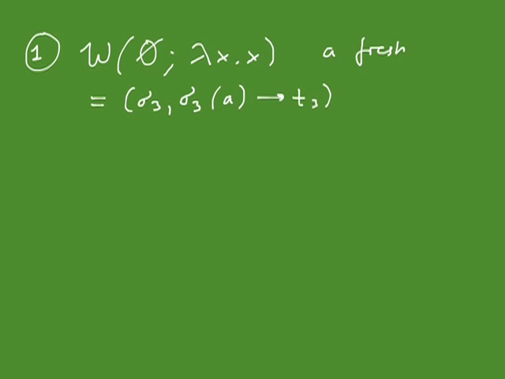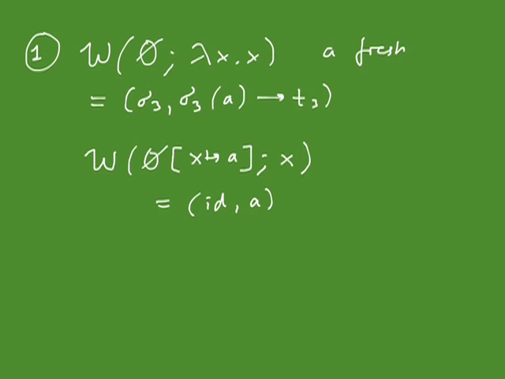which is not so difficult, because this is a lambda expression, we call for type environment extended with binding that x is bound to a. Call that with the body of the function, which is x, and here we see that this gives us the identity substitution and the type of x, which is a.